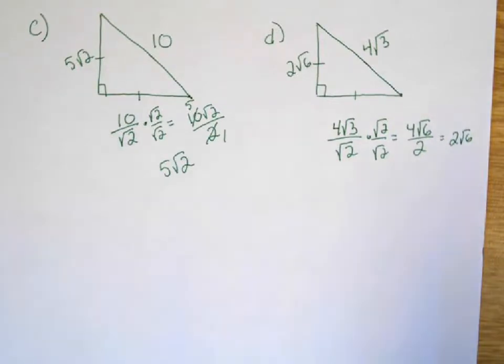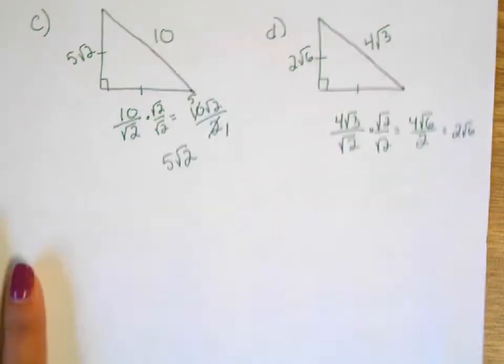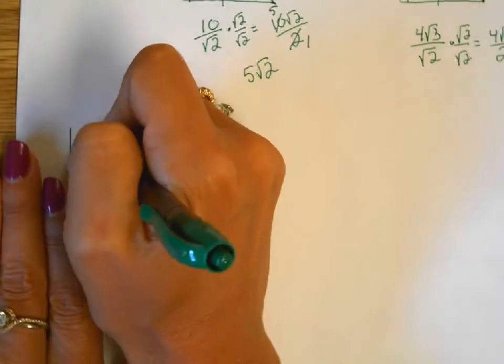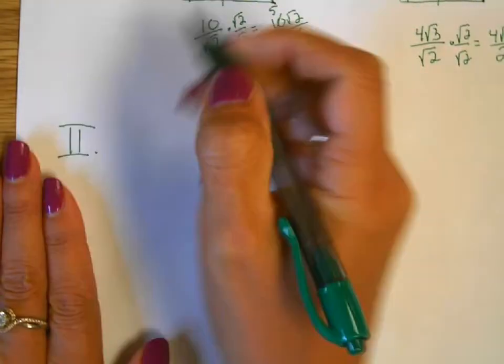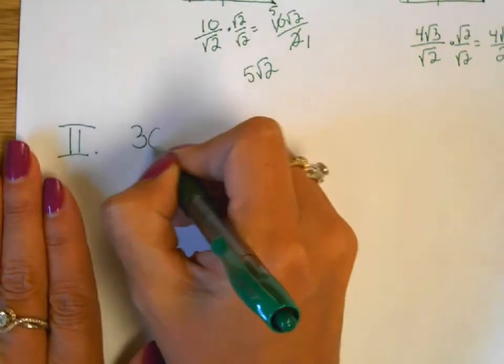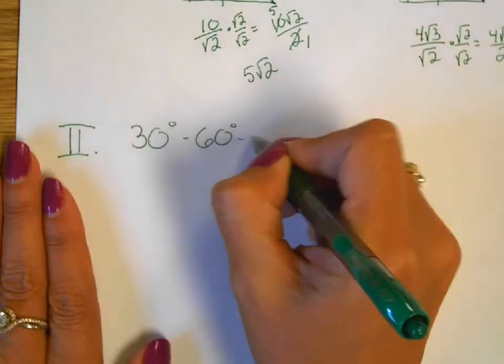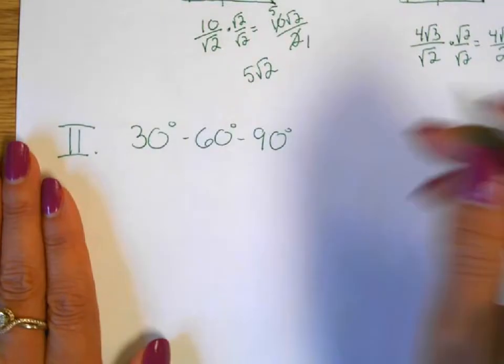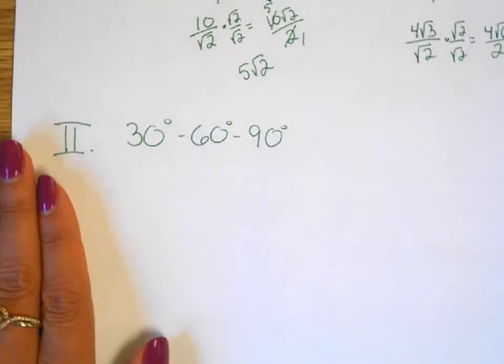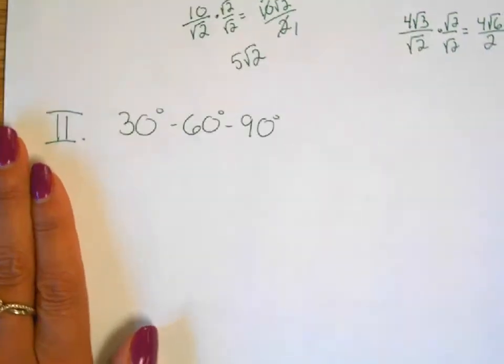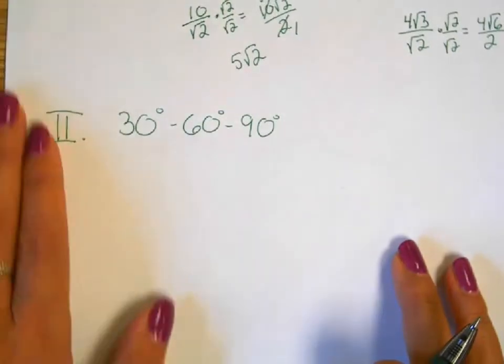Alright, the other special triangle, number 2. It's our 30, 60, 90. This one's created when we take the equilateral triangle and make 2 right triangles out of it.